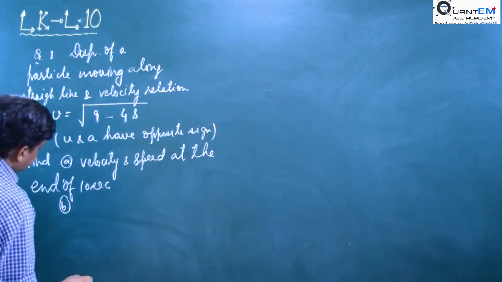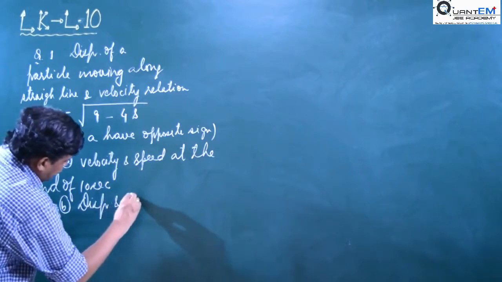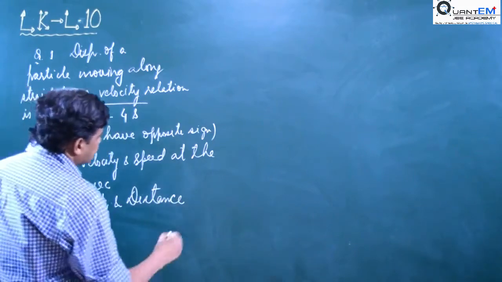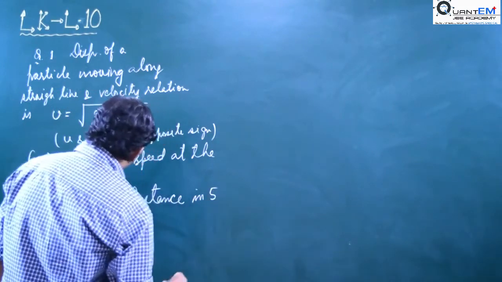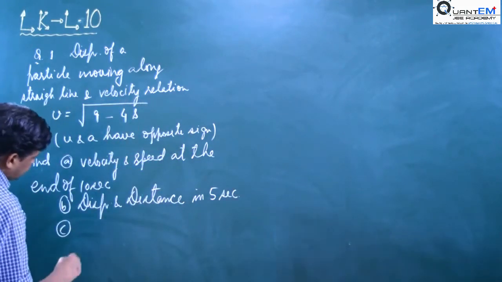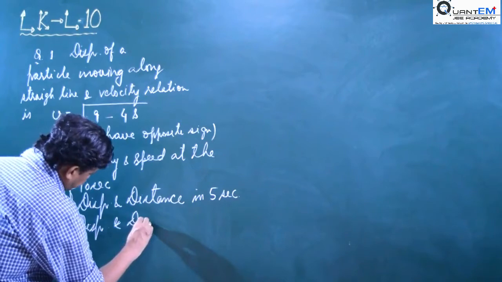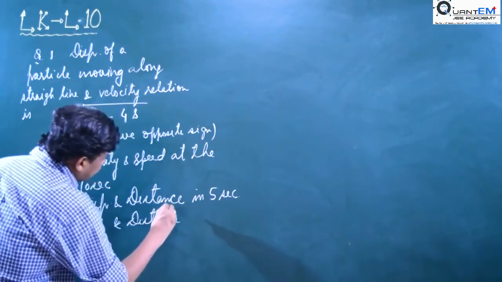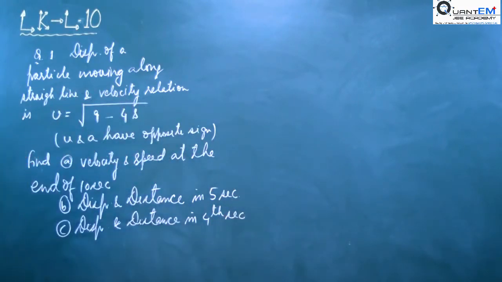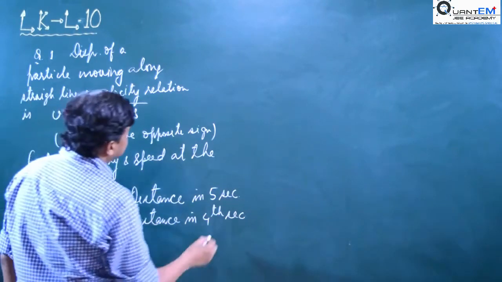The second part is displacement and distance in 5 seconds, and the last part we have displacement and distance in the 4th second. Okay, so these results we have to get, and we are given U and A have opposite sign.